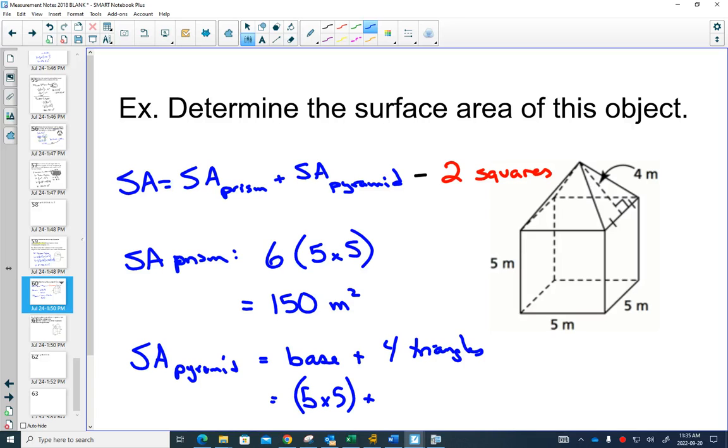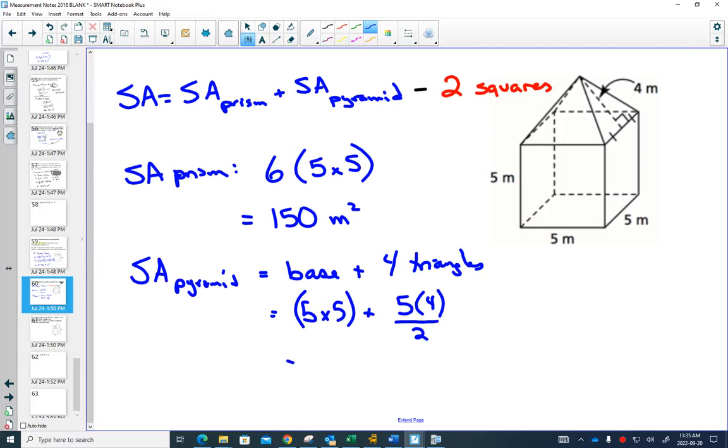Plus the 4 triangles are base times height, and they did give us the slant height, which is the height of the triangle, divided by 2. And I would get 25 plus 10, 35 meters squared.